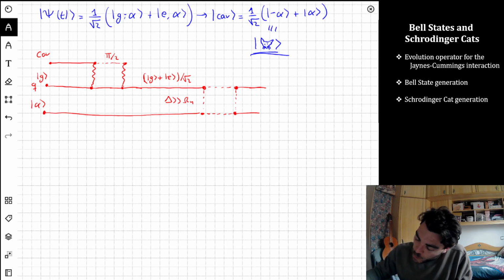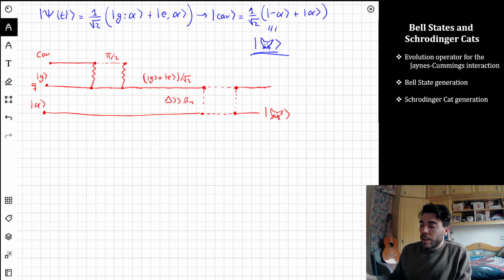Then at the end, if you just look at the cavity, here you created a Schrodinger cat state. And with this, we finished. I think it's a good place to stop. And we finish these applications of Bell states and Schrodinger cat states.